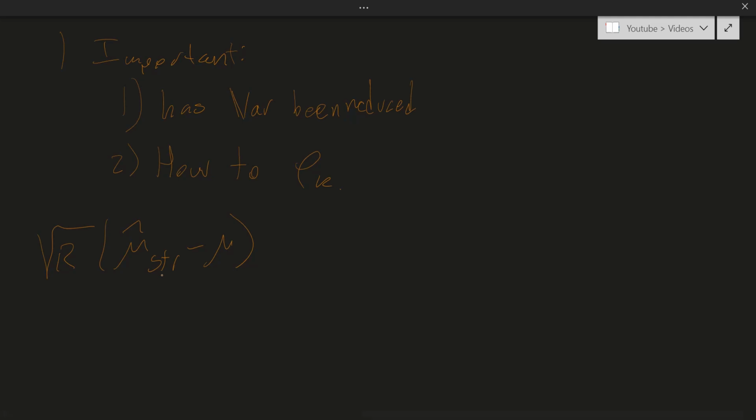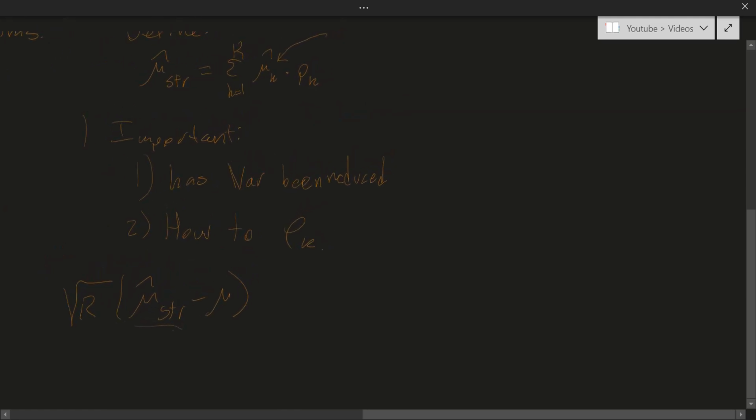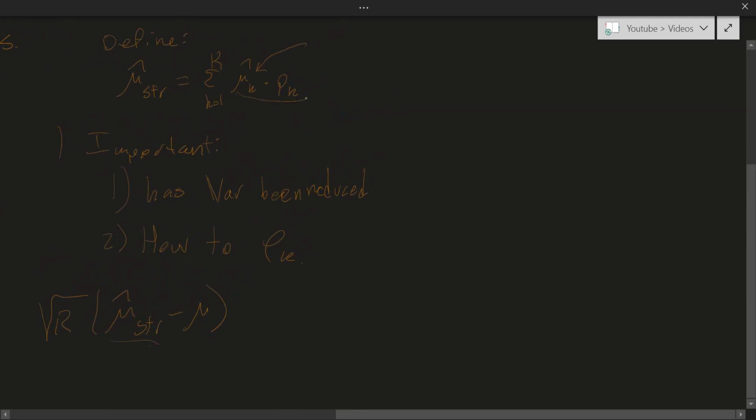Sorry, but we can't use the CLT in this case because our mu hat stratified might be unbiased, it has mean mu, but this is not the average of identically distributed and independent terms, so this is not the right form to use the CLT.